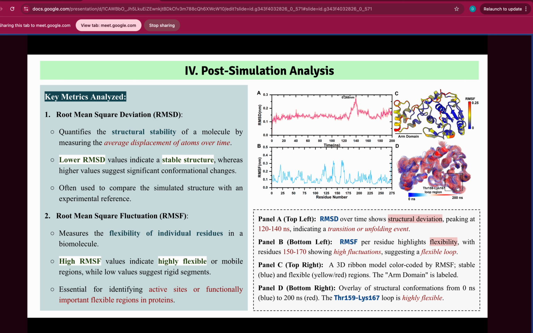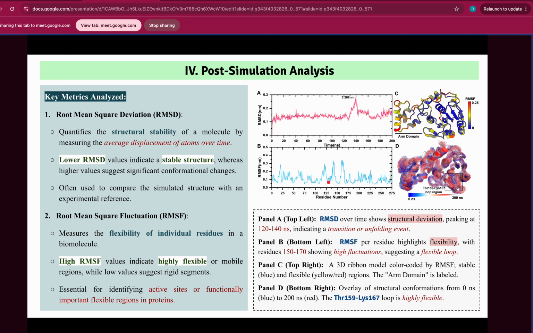So how much does it change? As you can see, at 140 nanoseconds the RMSD value is high. This tells you that something different is taking place. There is some change in the conformation at 140 nanoseconds. That means there is some transition or unfolding event taking place due to which the RMSD is increasing.